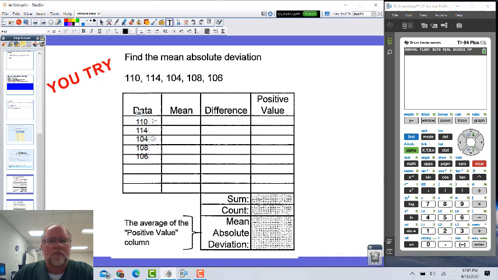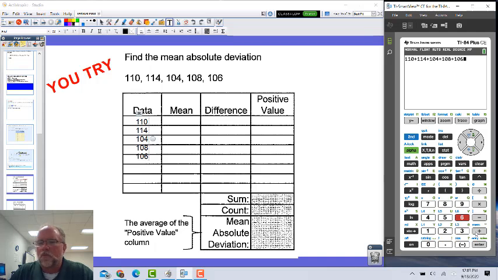Now I'm going to find the mean of my data. So I'm going to come over to my calculator and type those in. 110 plus 114 plus 104 plus 108 plus 106.